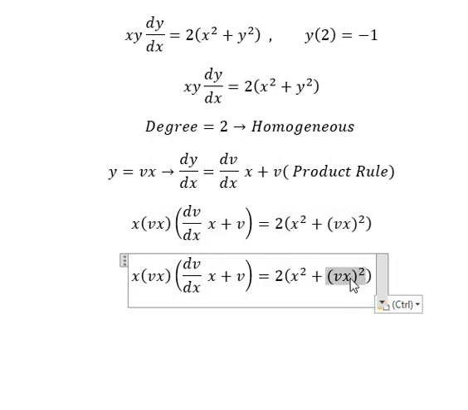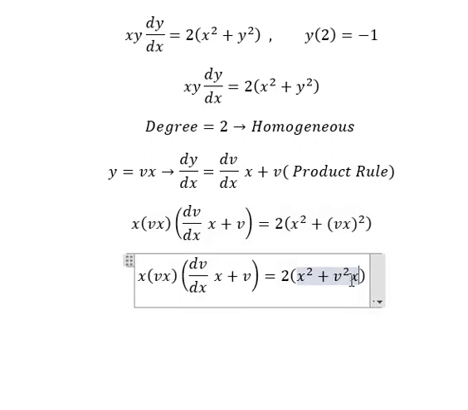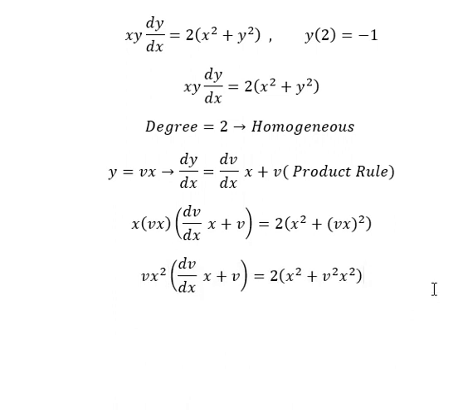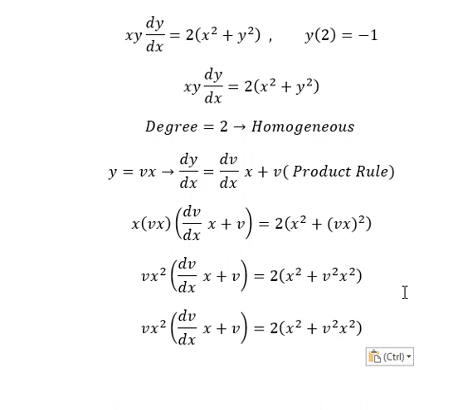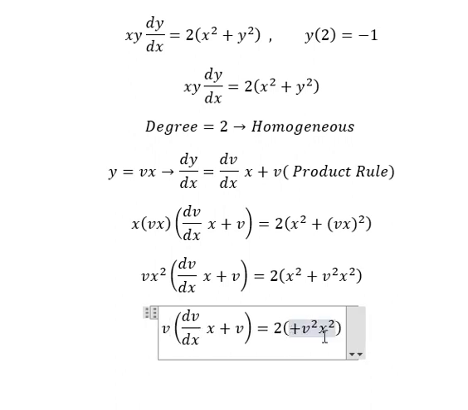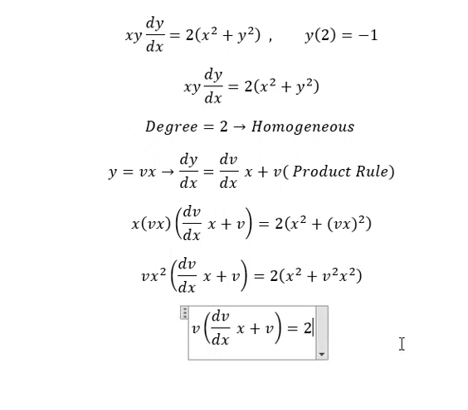So this one we have v square s square. And this one we have vs square. That means we need to simplify s square for both sides. Now number 2 will multiply by number 1 and v square.